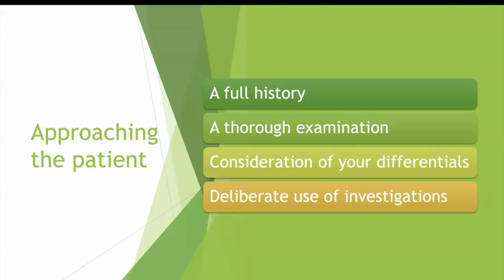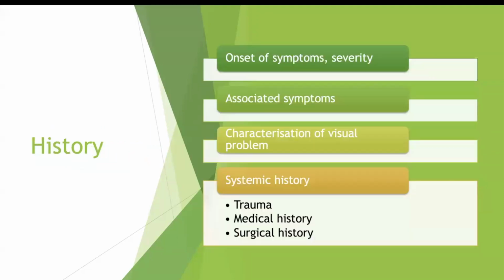It's really easy to send a massive net of different investigations, but over-investigating the patient can be less helpful than being more direct with what neuroimaging you want and what bloods you want, taking a more systematic approach to investigating your patient.